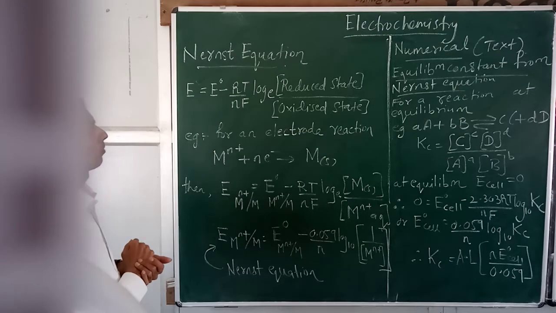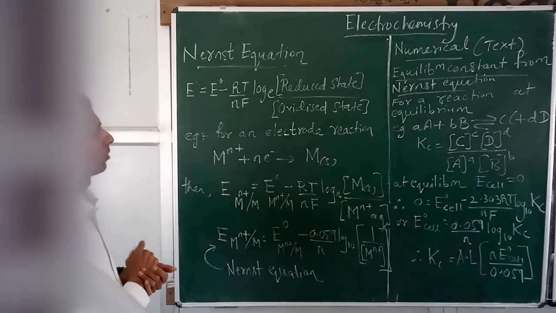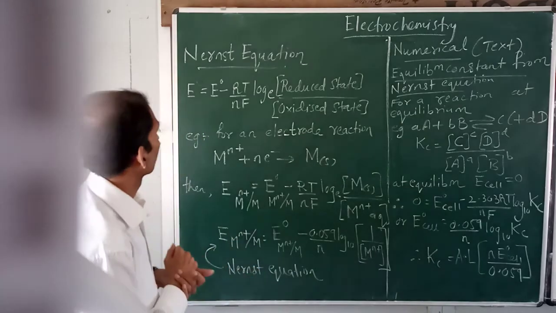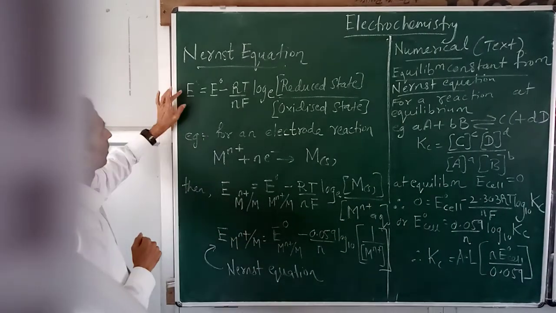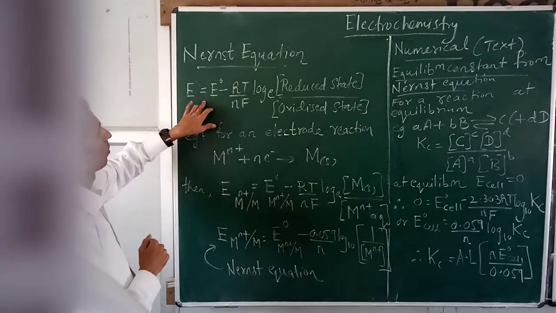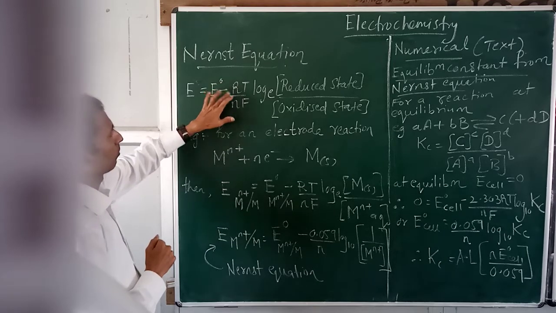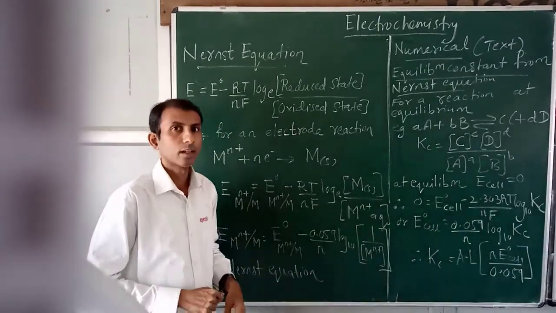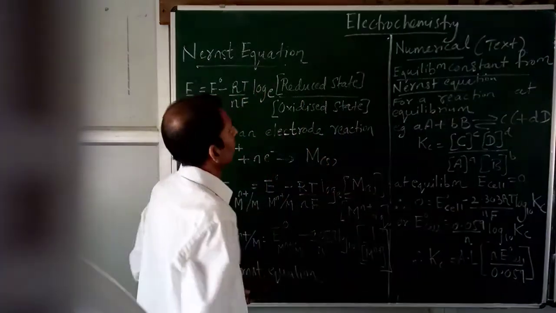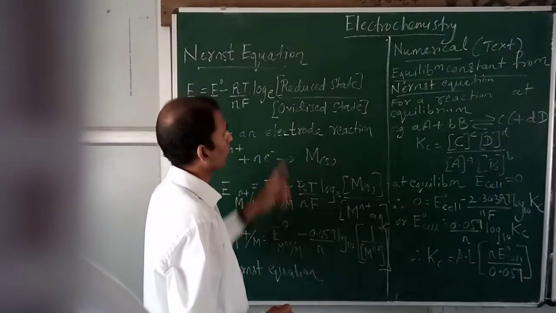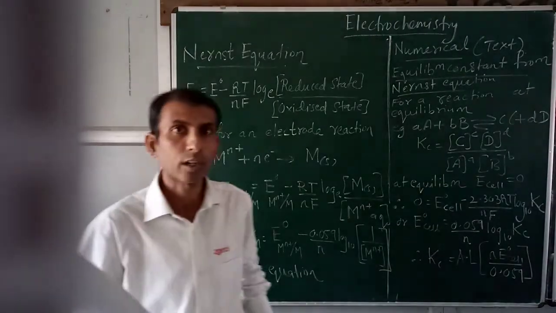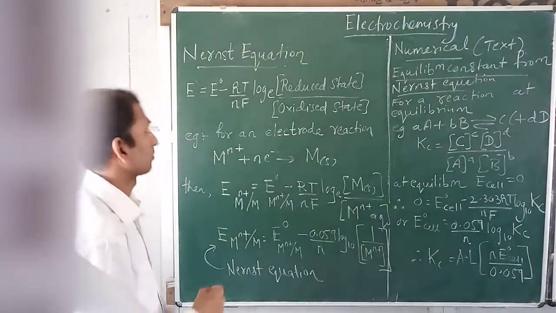So Nernst gave this equation, which is E = E° − (RT/nF) log_e [reduced state]/[oxidized state] for the species involved in the reaction.